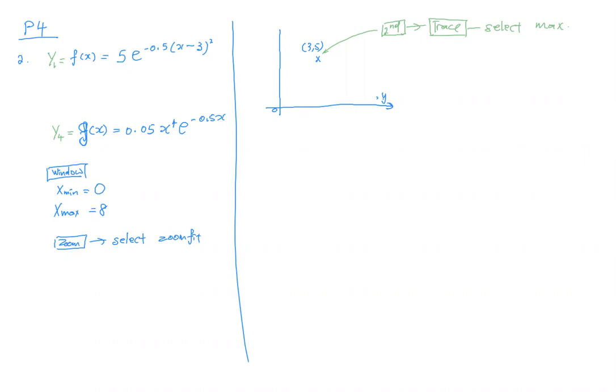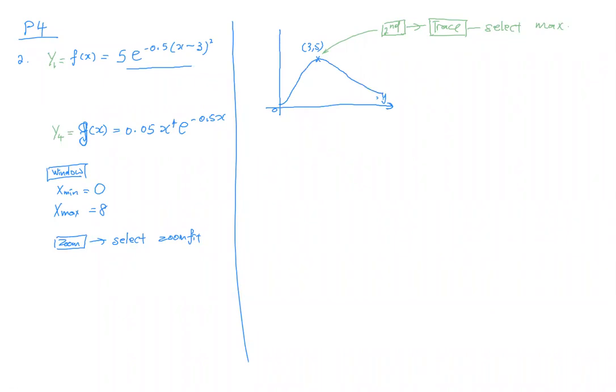The first one, FX, is like that. FX, it won't start from 0 because FX is this one. Whatever value of X you put in, e to the power X will be greater than 0. So it doesn't really start from 0, okay? So don't be fooled by your calculator.